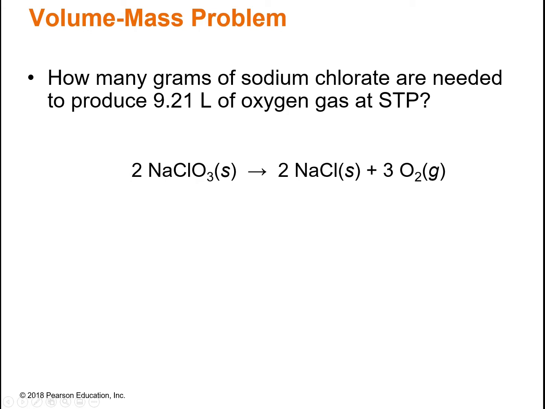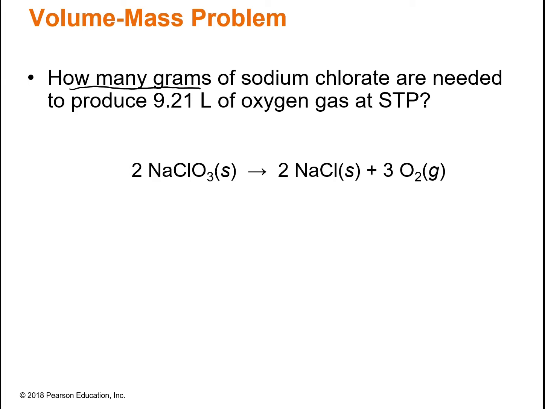Let's do a reverse of that problem. Instead of starting with the mass, we're going to start with the volume. How many grams of sodium chlorate are needed to produce 9.21 liters of oxygen gas at STP? First thing you have to do is identify.